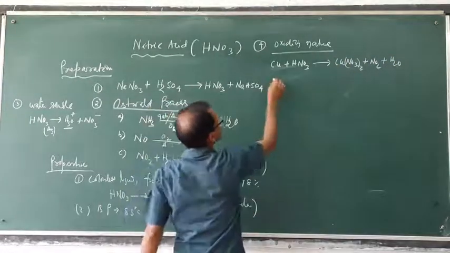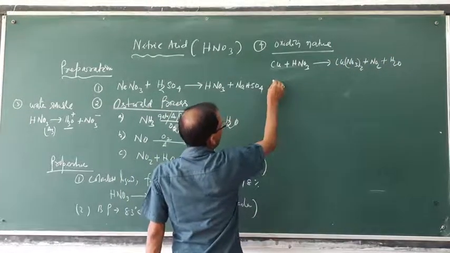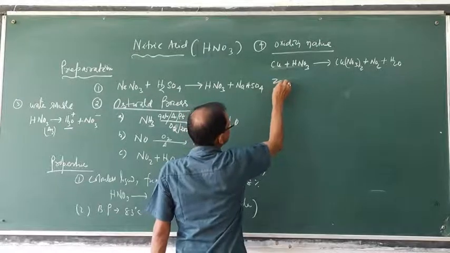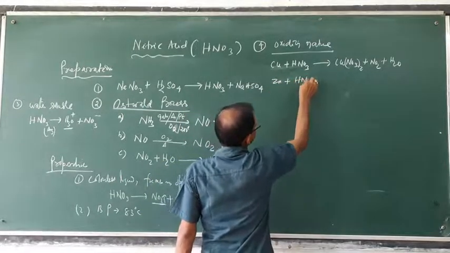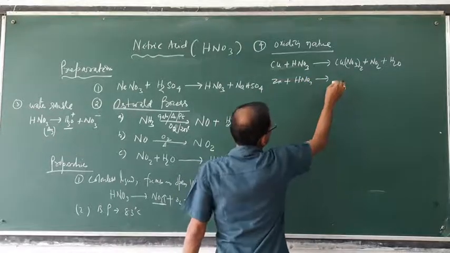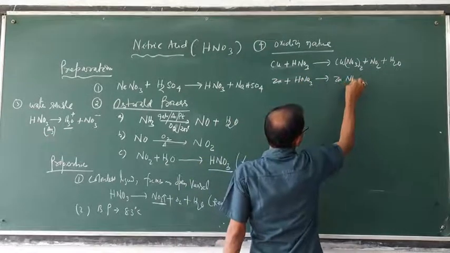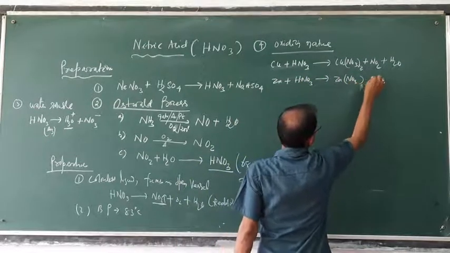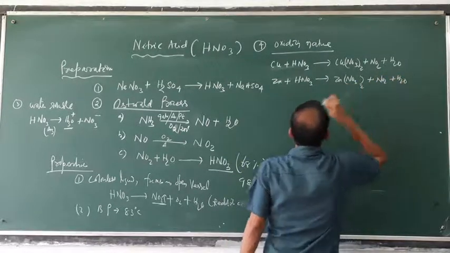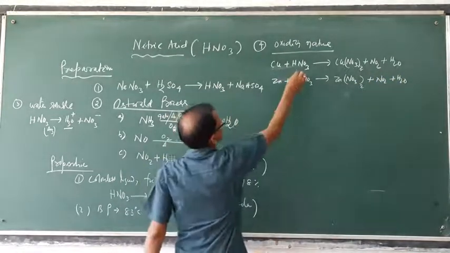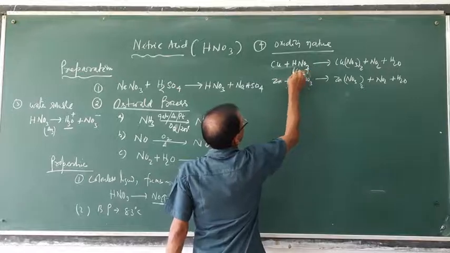Similarly, it oxidizes zinc: nitric acid converts zinc to zinc nitrate and NO2 plus water. This is with concentrated acid.